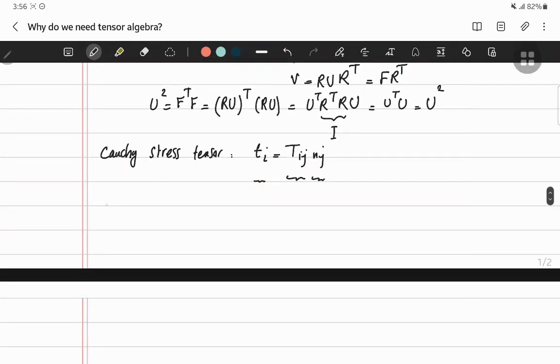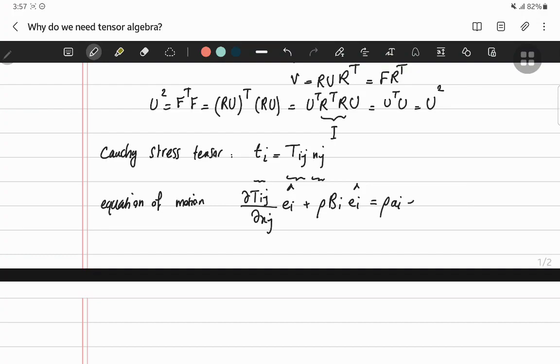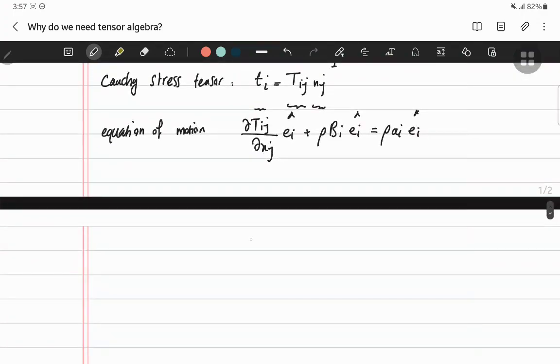And for example, we have the equation of motion, where we have the partial derivative of Tij with respect to xj ei plus rho bi ei is equal to rho ai ei. Or in the tensorial format, this is nothing but the divergence. So you should know how to calculate the divergence of a second order tensor and what it gives you, plus rho b.